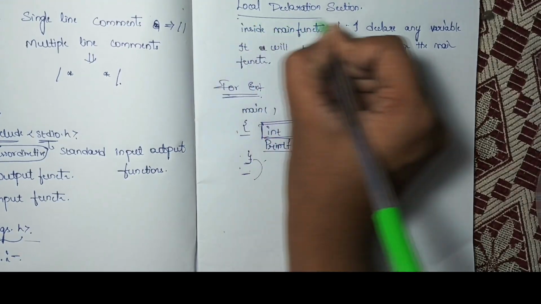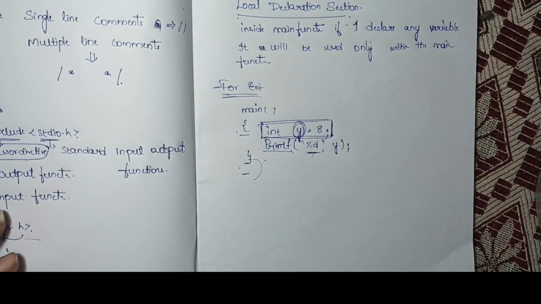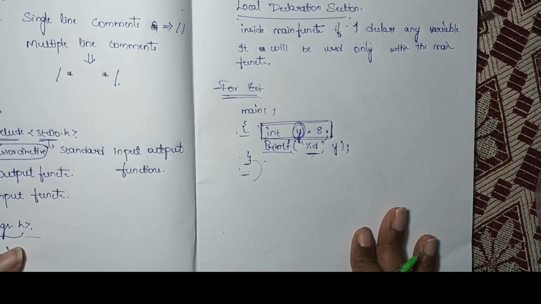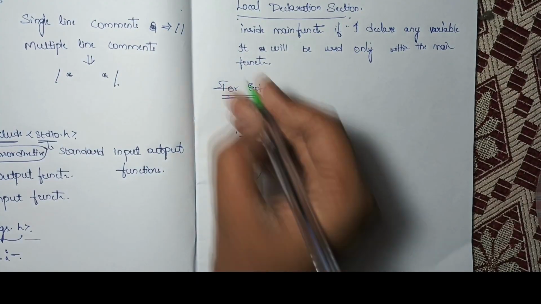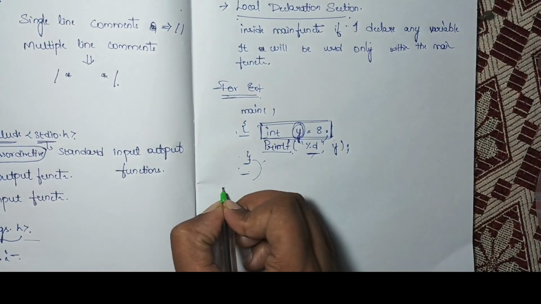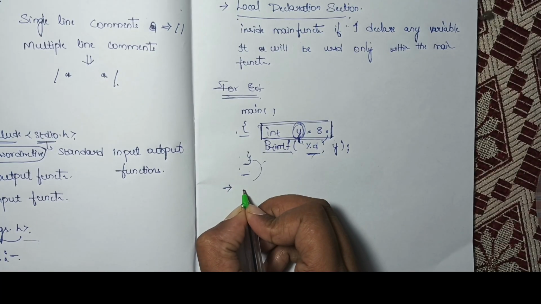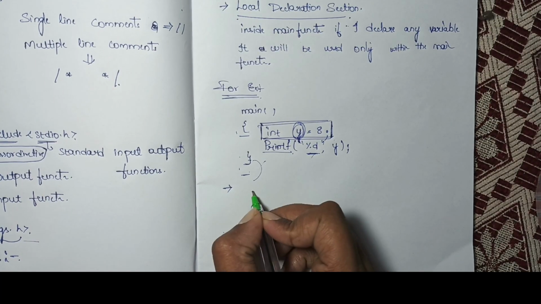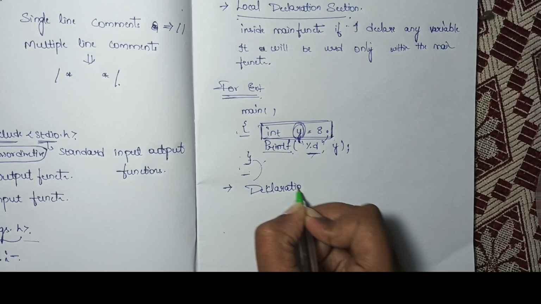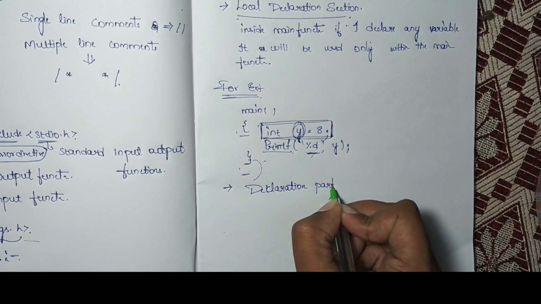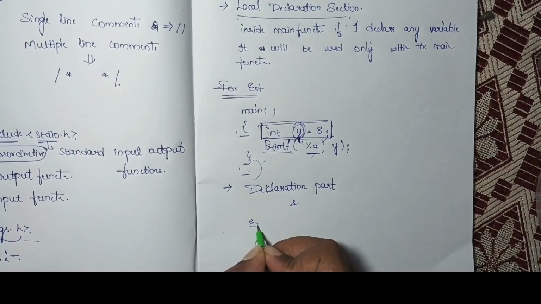We have discussed local declaration section and global declaration section. Local declaration section occurs in the main function. Main function consists of declaration part and also executional part.